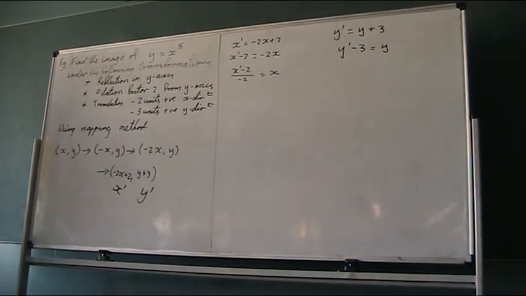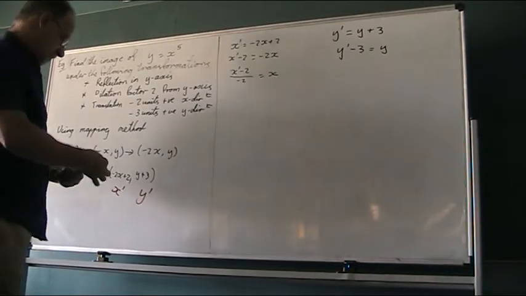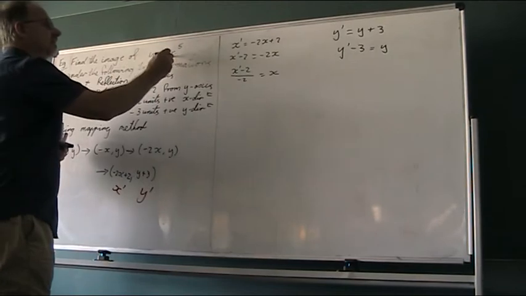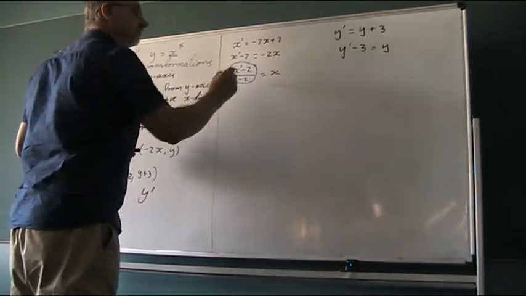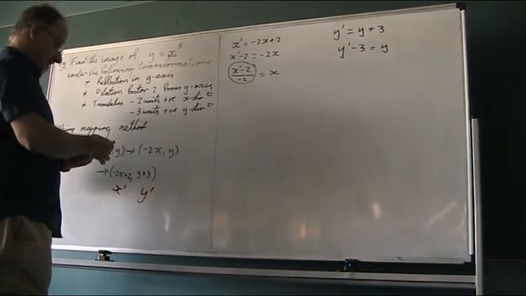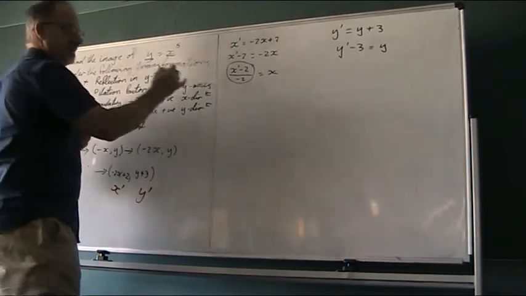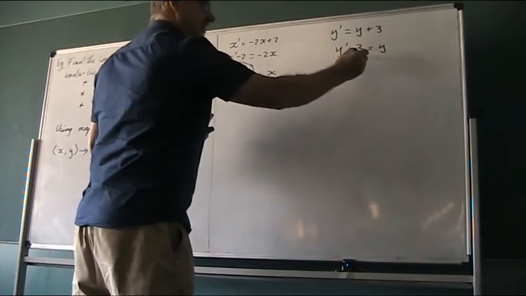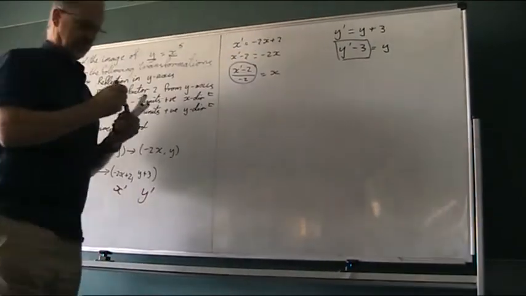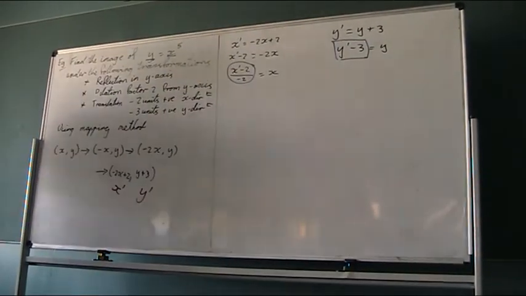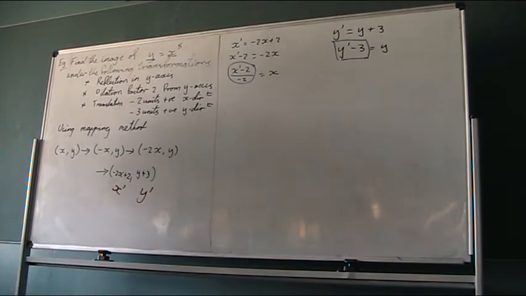Now with the mapping method, I replace this x by this stuff, and I replace this y, and simplify this stuff for my mapping method.